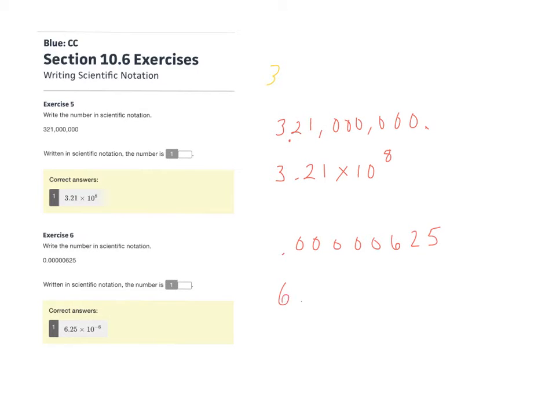So 6.25 times 10 to the, so from where the decimal starts to where we want it to end. So I'm going to count the movement. 1, 2, 3, 4, 5, 6. And since this is a very small number, it's going to be a negative exponent. So there are the answers for the first two.